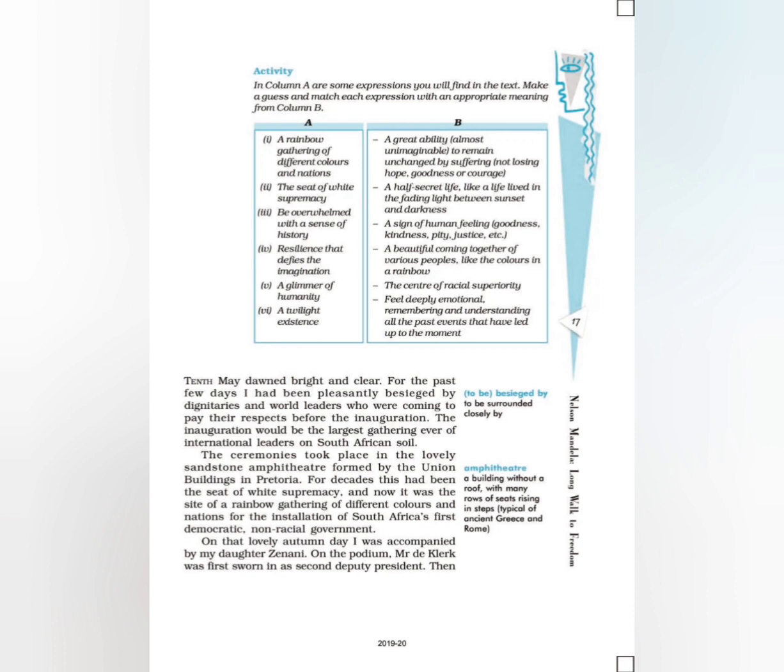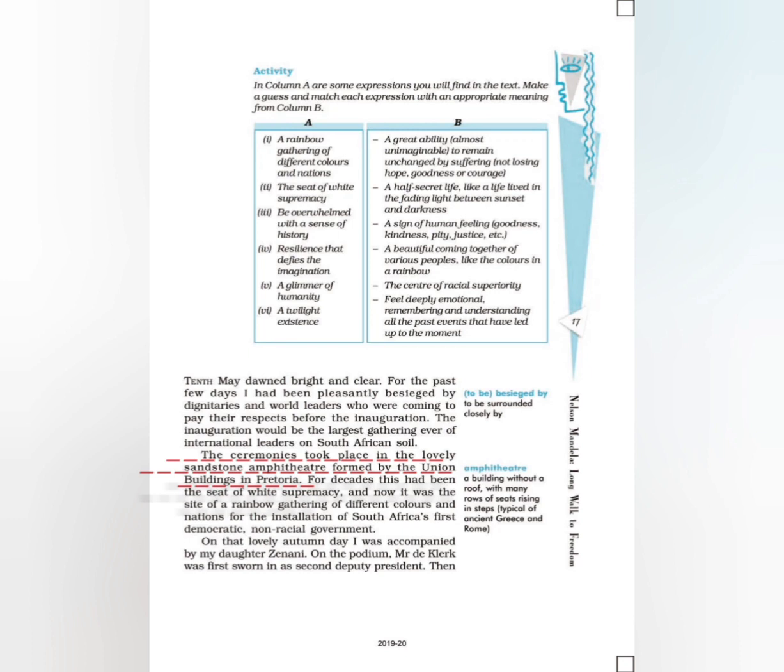This particular event is happening in the lovely sandstone amphitheater formed by the Union Building in Pretoria. Here in this line, we can expect one question. Page number 17, second paragraph, again I am reading: "lovely sandstone amphitheater formed by the Union Building in Pretoria."